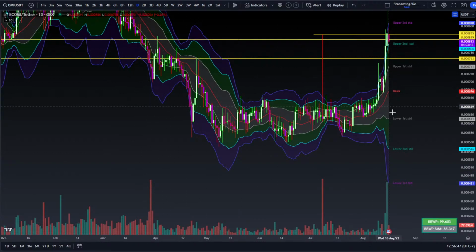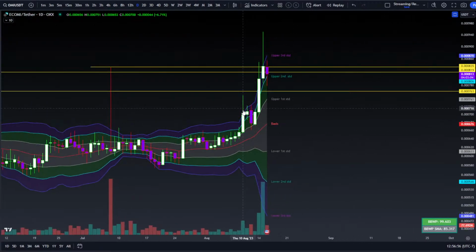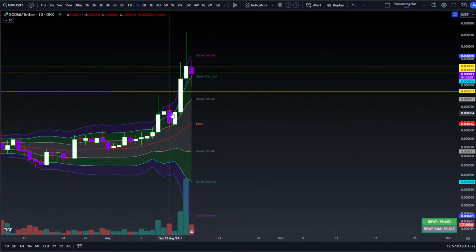It did reclaim this consolidation before this dump off right here. It's got to hold it as support at 0.000763, or at minimum its last high, or it's kind of over for a little while. I would say, the way it moves, 0.000751, so I'll just call it 751, at that wick high to this awkward open that was a gap up open at 711.